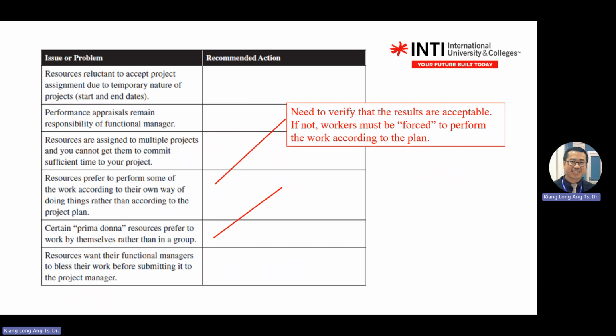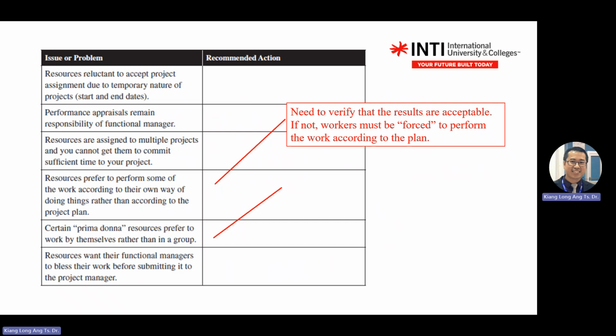You have staff who like to do work by themselves rather than in a group. Is that an issue? Actually, it's not a serious issue. If the person can do the work, they like to be alone, but they deliver results. It's a minor communication issue actually. When you manage a project as a PM, what is important is the sharing of information.